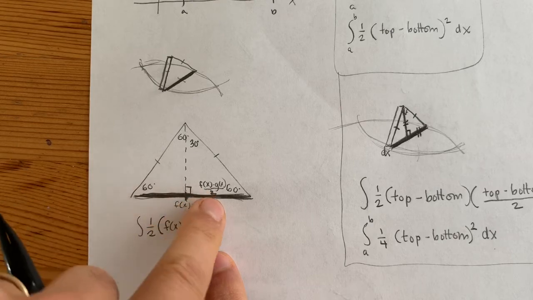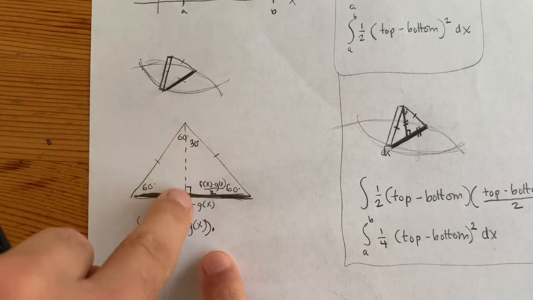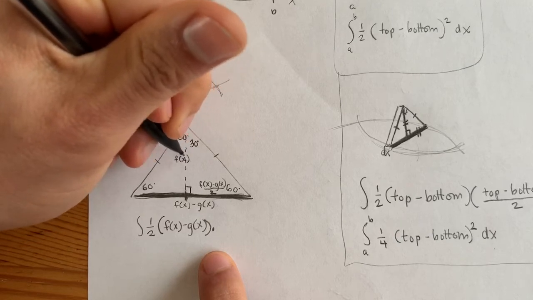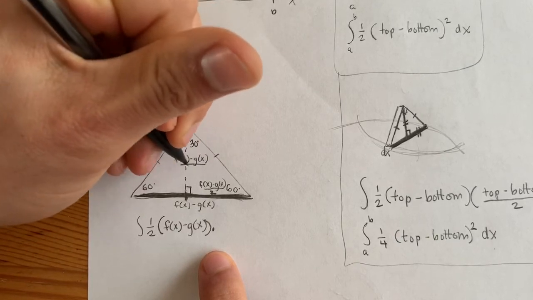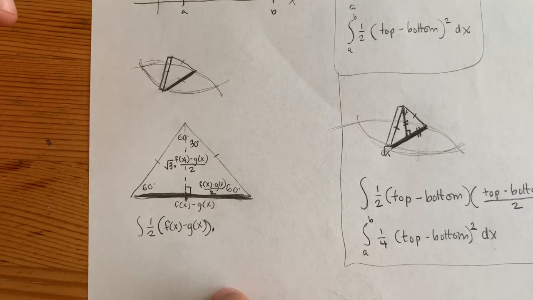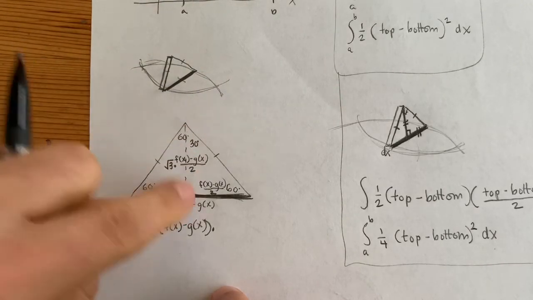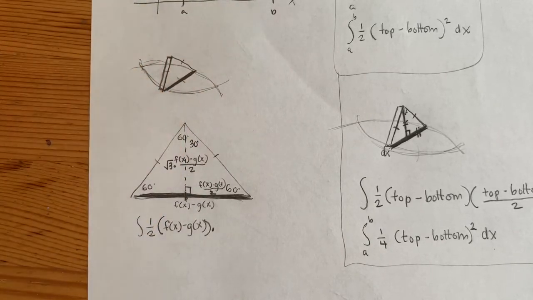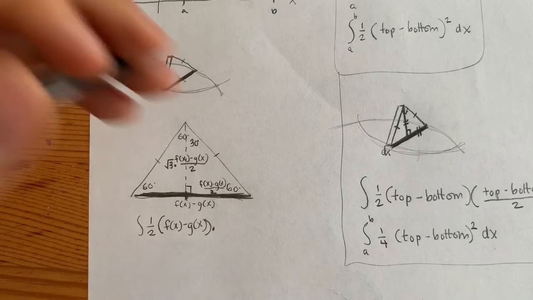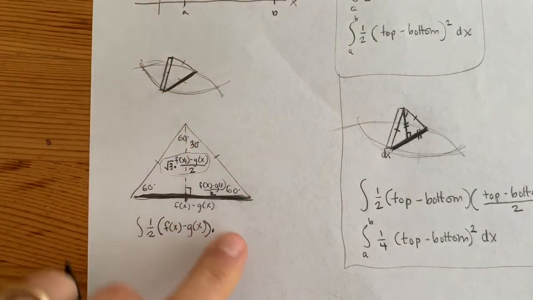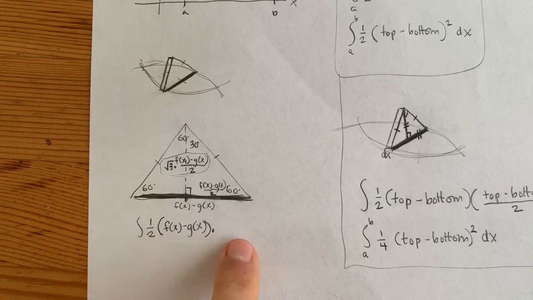To go from this small side to the height, the medium side, I would have to multiply that side by the square root of 3. Hopefully that's something you know from the special right triangles: you take the small side and multiply by rad 3. So I'm going to put this height into my formula of 1/2 base times height.